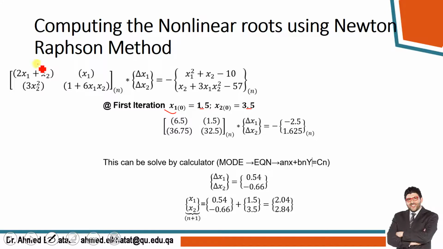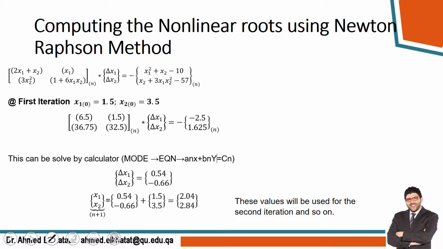Solving the equations, it will be 5.54 and minus 0.66. Since we already know the previous values, the new x at n plus 1 will be 2.04 and 2.48. These values will be used for the second iteration and so on.